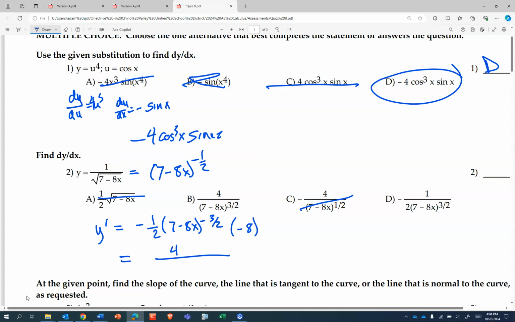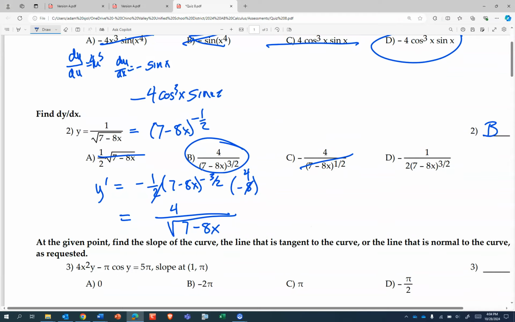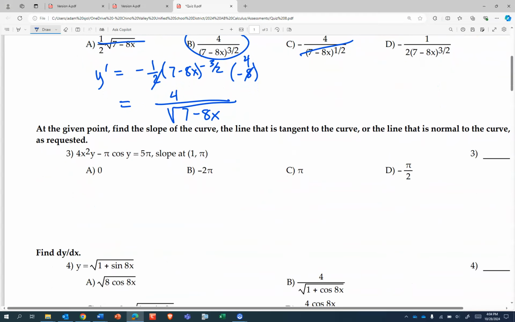So we actually get positive 4 over, let's see, the square root of 7 minus 8x. Oh, we don't actually care. All we care about is the exponent, and we don't need to rewrite. I'm just used to that.